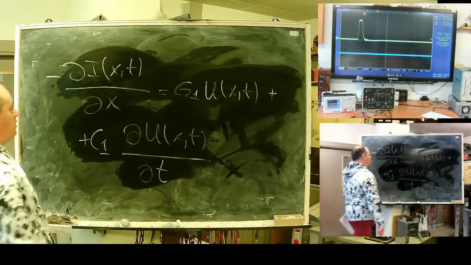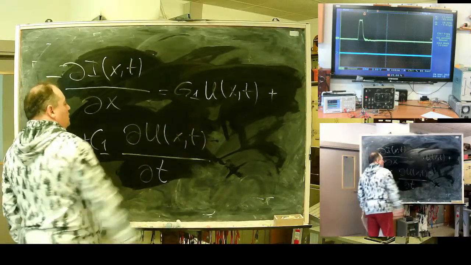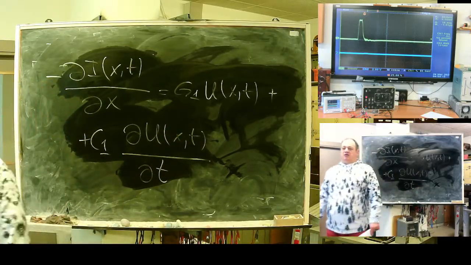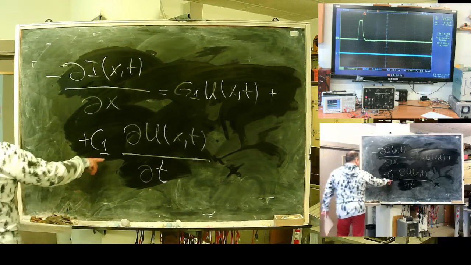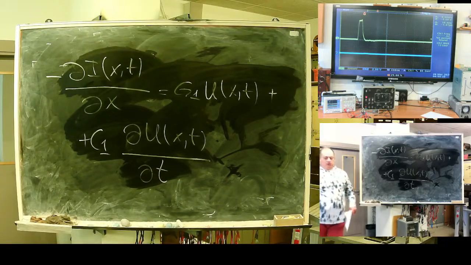This is the second equation. Here, G1 is an insulation conductivity of 1 unit of length, 1 meter, 1 kilometer, 1 mile, not important. And C1 is capacitance of 1 unit of length.